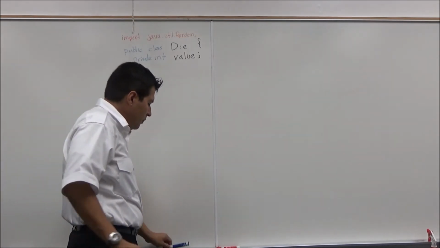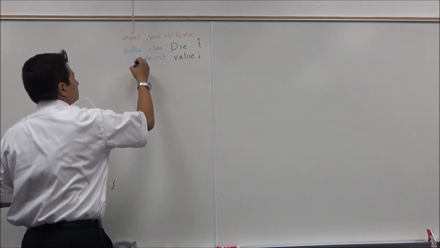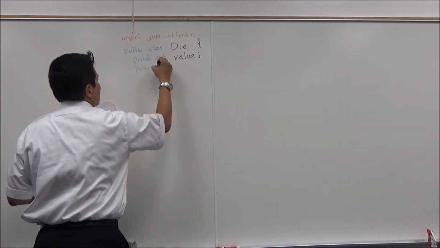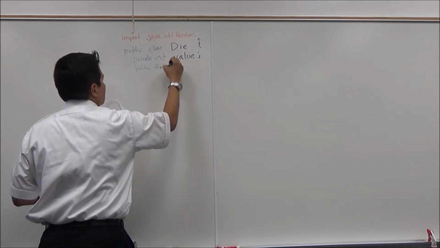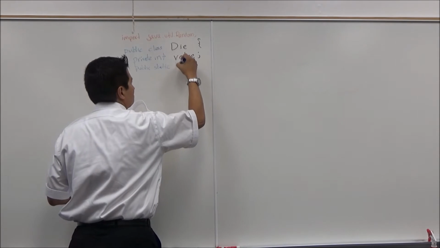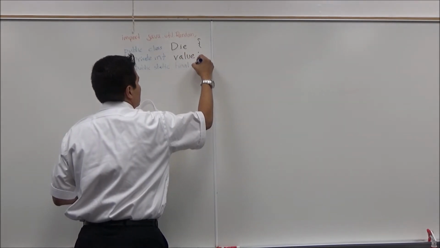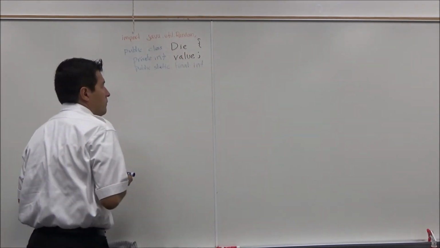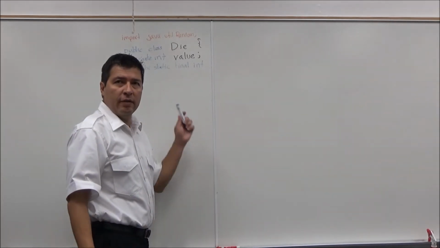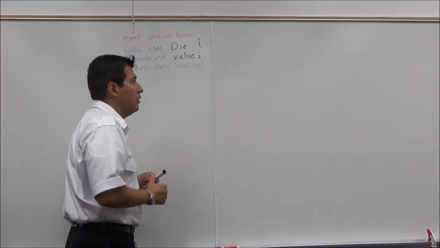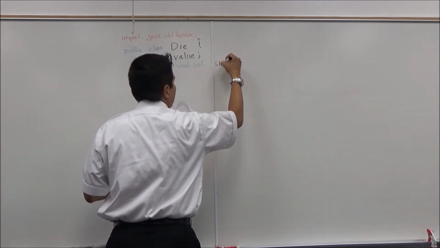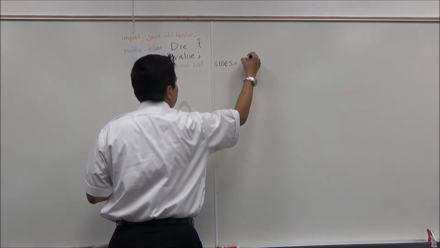So we can make a static, and if it's a constant, we use the word final. I think I gave you extra credit if you did the static. I'm sorry, the constant. I'm gonna call this sides, and I'm gonna use capital letters.